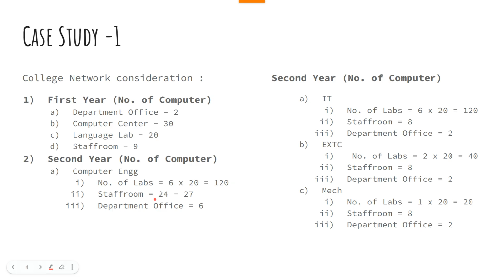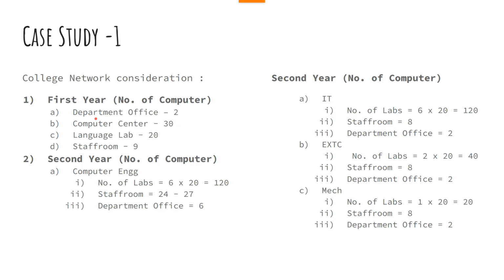In the staff room there are, let us say, 24 to 27 staff, and in the department office there are 6 PCs. Similarly, there are certain assumptions that we are making for each department. These are numbers you can very well assume hypothetically, so no hard and fast figure.